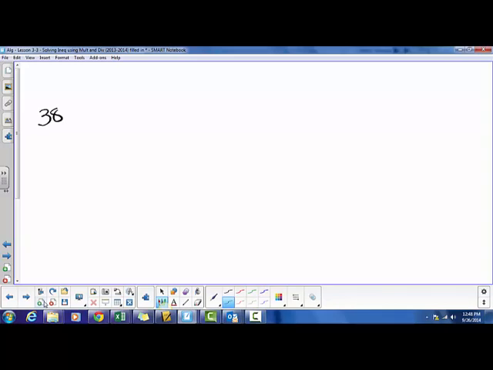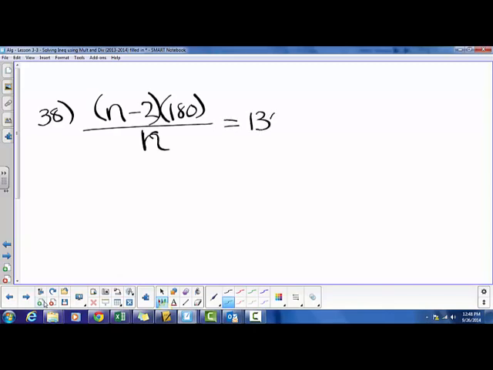Number 38. It says, Miles says that he measured an angle of a regular polygon to be 130 degrees. Explain why this result is impossible. Okay? So he measured one angle. So that means n minus 2 times 180 divided by n equals 130. Well, let's solve that. If I multiply both sides by n, I get n minus 2 times 180 equals 130n.